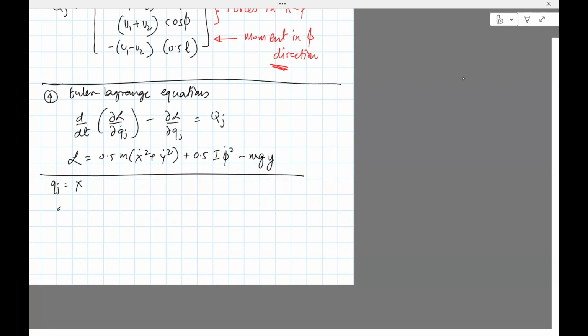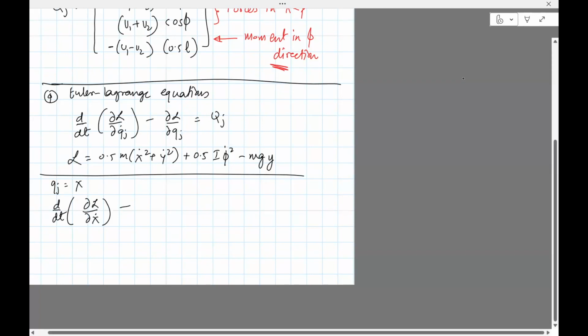So we have d/dt of dL/dx dot minus dL/dx equals Q1.